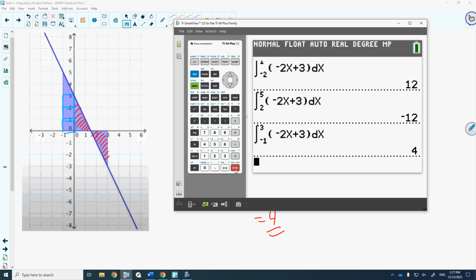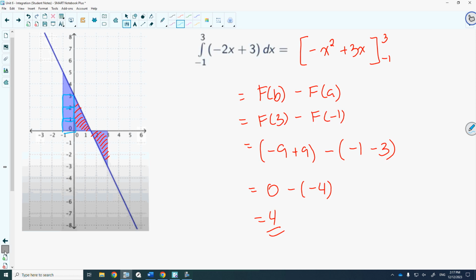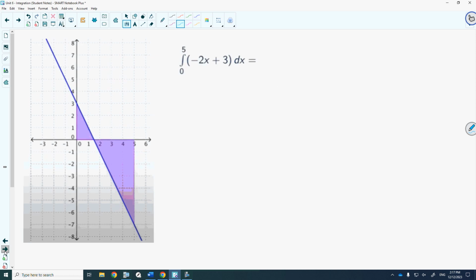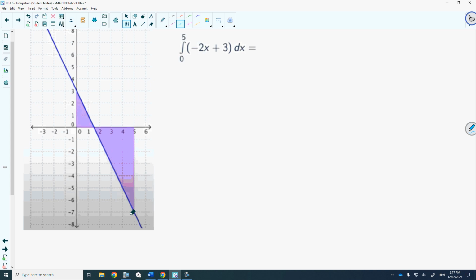Okay, let's do one more, and then we'll look at different integrands. Overall net area, what do you think it'll be? Negative. So this area is going to match with this.